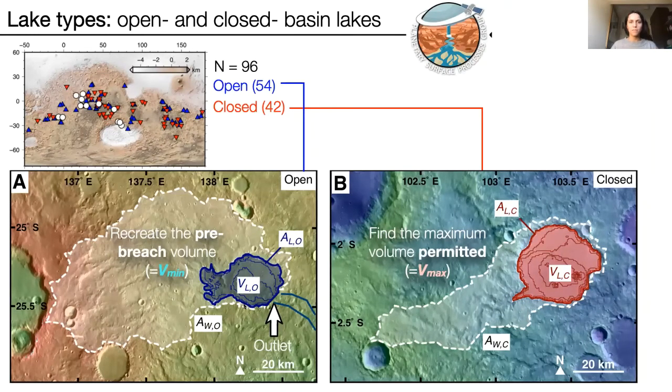If you think about it, for an open basin lake, the basin volume is actually the minimum amount of water needed, because we know that the lake had to fill up to the top and then overflow to cause this overspill and canyon erosion. Whereas the volume we measure for a closed basin is actually a maximum volume, right? Because we know that the water never filled to the top and never overflowed. So maximum and minimum volumes are the main limits that we're working with here.